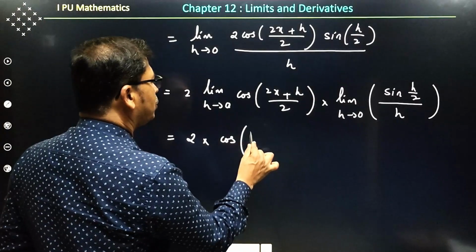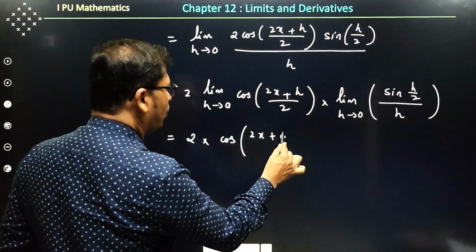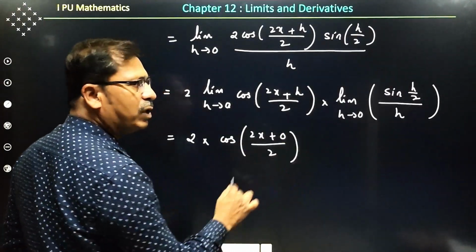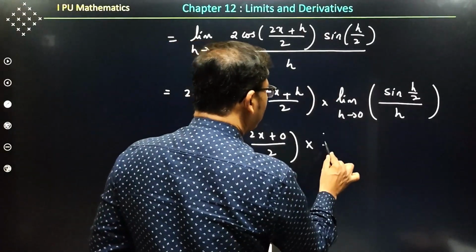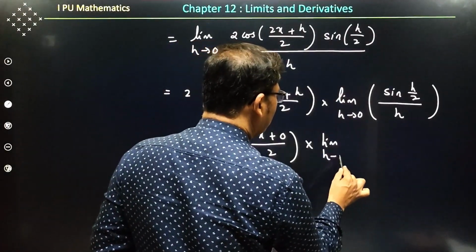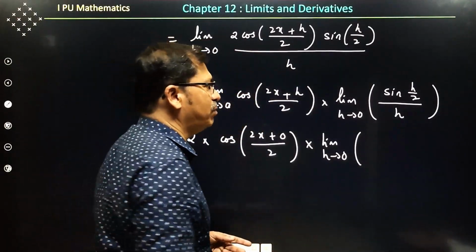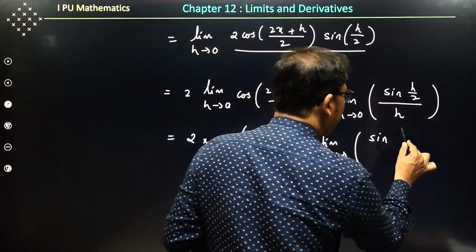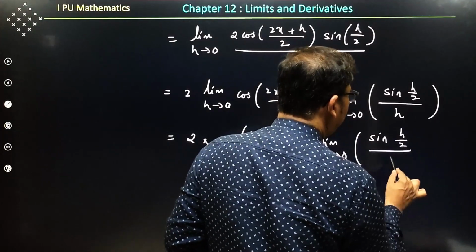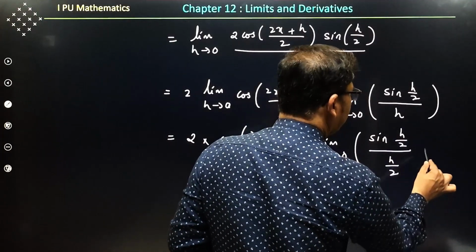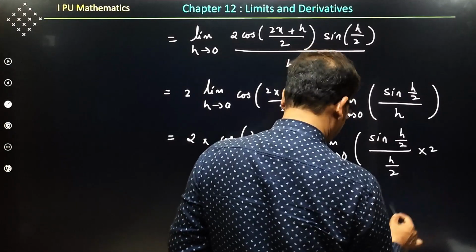Cos of 2x as it is, h is 0, whole divided by 2, into limit h tends to 0. This can be written in the standard form, limit theta tends to 0 of sin theta by theta. See here, sin h by 2 is there. Make the angle the same by dividing h by 2. So in order to tally this, you need to multiply by 2 here.